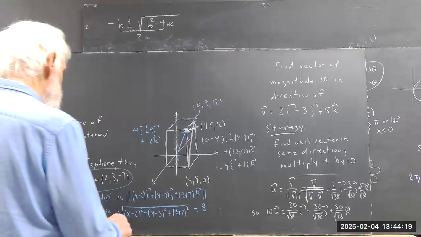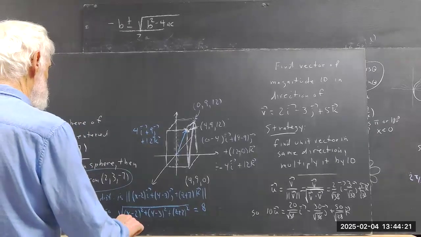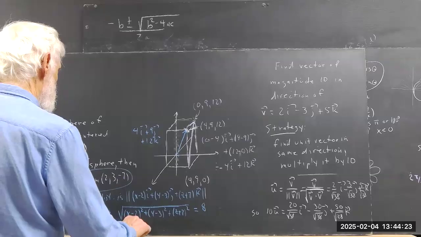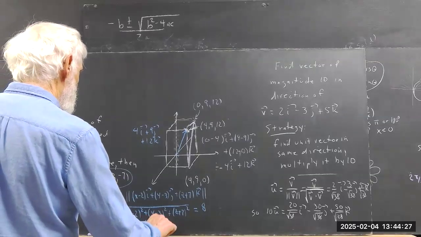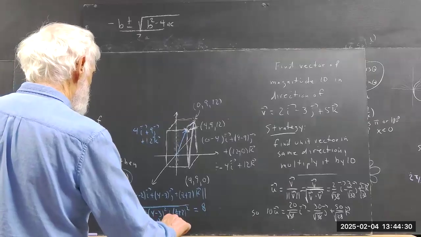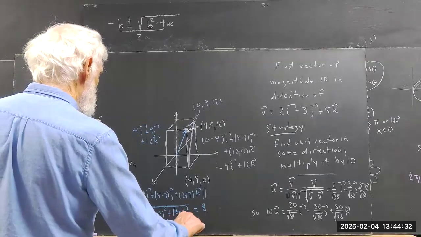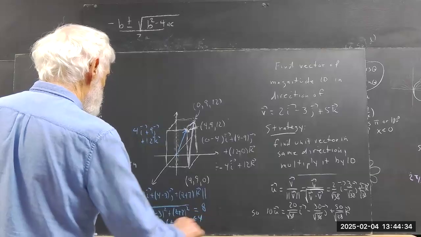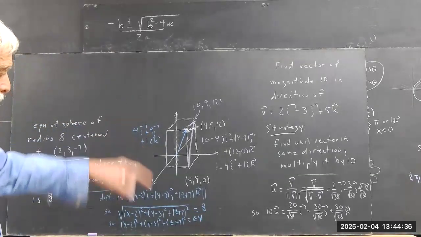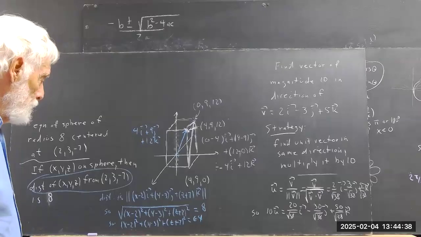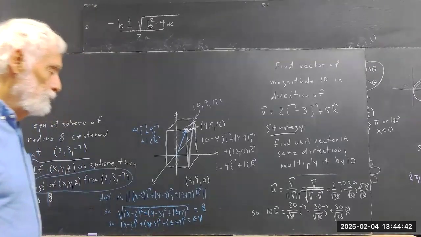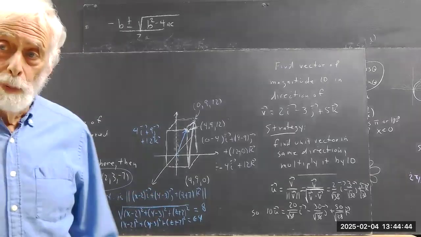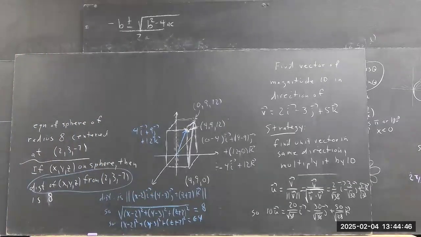So I square both sides, I get (X - 2) squared plus (Y - 3) squared plus (Z + 7) squared equals 64.